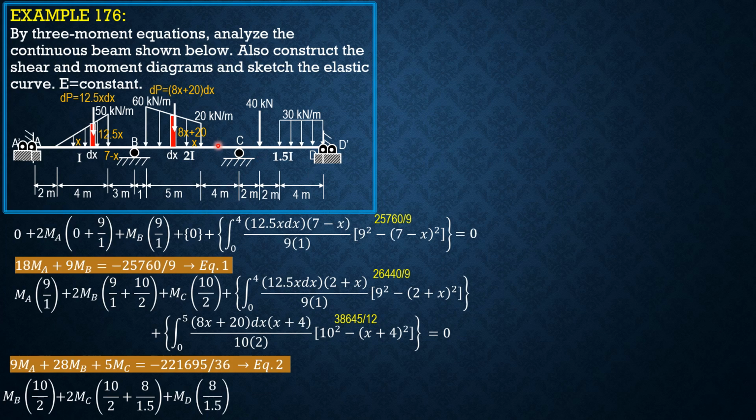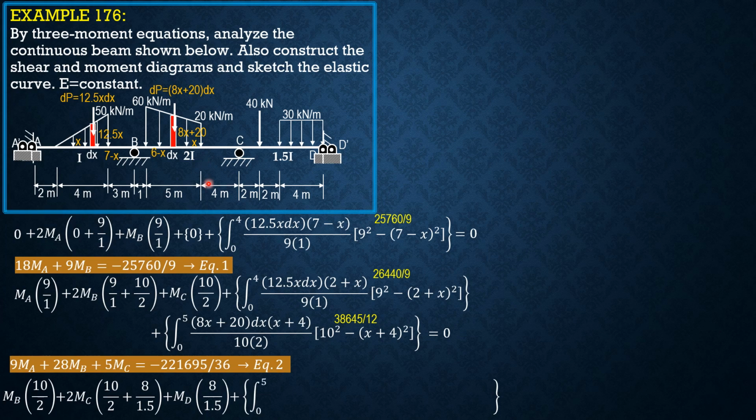Then this time the value of 6 area 1a over I1 L1 for span BC is integral of quantity 8x plus 20 dx. Then a is 1 plus, if this is x, this is 6 minus x, so 0 to 5 limits, all over L 10, moment of inertia 2, quantity 10 square minus 1 minus 6 minus x, quantity square.